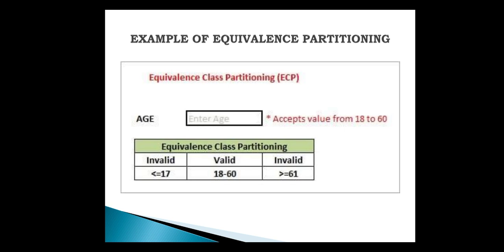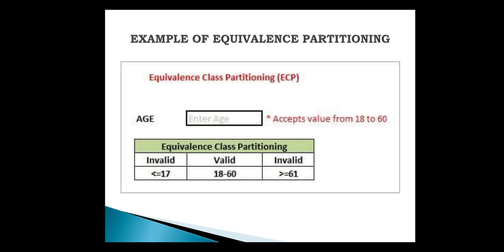If we pass individual numbers like 1, 2, 3, it will take a lot of time to check that field. You have 100 numbers, so it is difficult to apply each and every number at a time and test the same field.